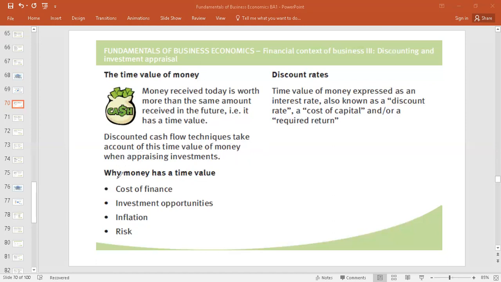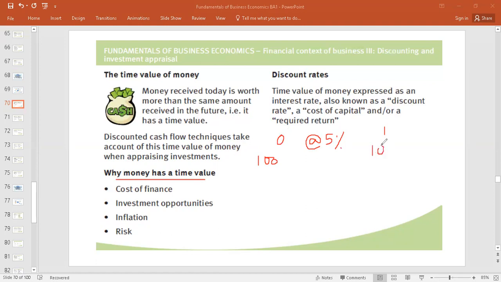So why does money have a time value? Because of cost of finance. Let's figure it out. Let's say Mr. X has 100 rupees, so X can approach the bank to deposit that. If the interest rate prevailing in the bank is 5%, and he invests in the bank, this 100 is year 0, and at the end of 1 year, this 100 becomes 100 plus he will earn interest of 5.